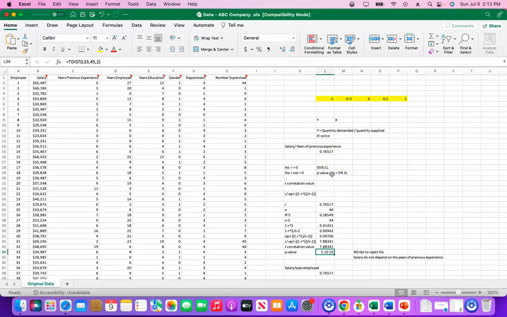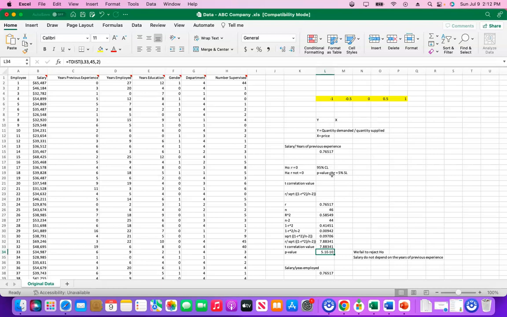So we can say this correlation is significant, or significantly different from 0. We can say that salary depends on years employed, or tenure, meaning that the longer you stay at work, the more your salary will improve. Probably there is a significant yearly increase of the salary.